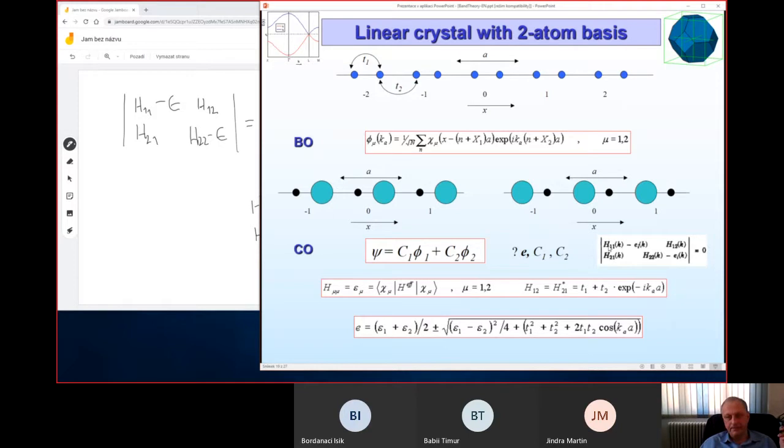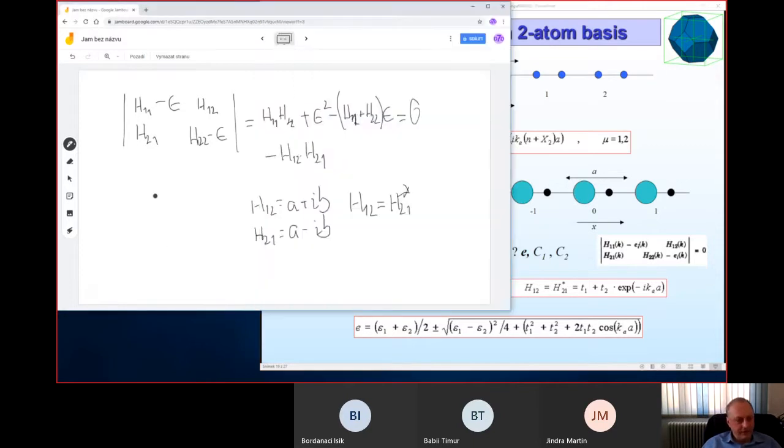matrix elements, and we could consider again the nearest neighbors interactions. So let's consider first H11, which is the first Bloch orbital.